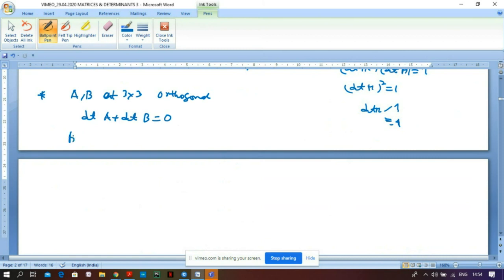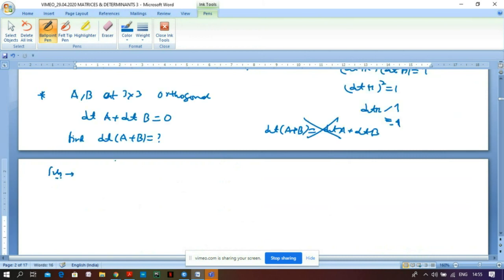And I want to find det of A plus B. You know, there is no rule like det of A plus B is det of A plus det of B. Although you could be forgiven for thinking that, which is wrong. But it gives the correct answer here. But of course it is wrong. So be warned.